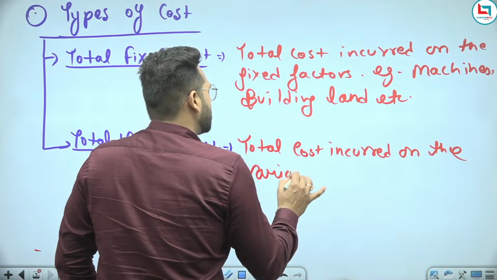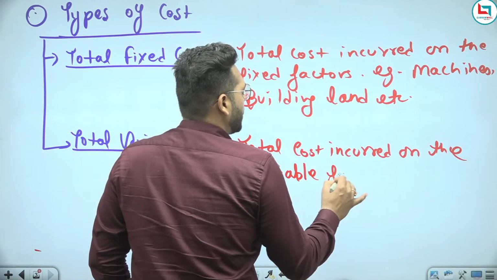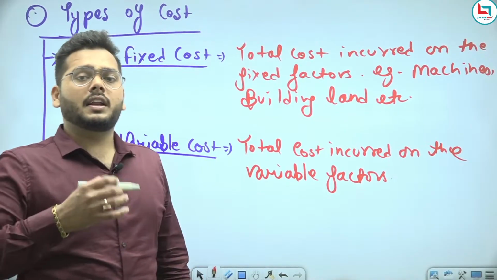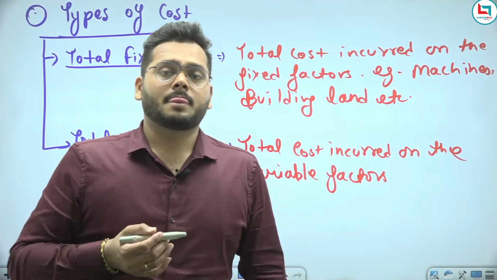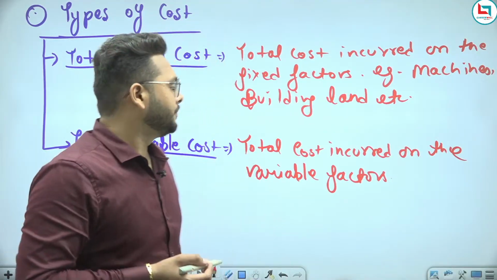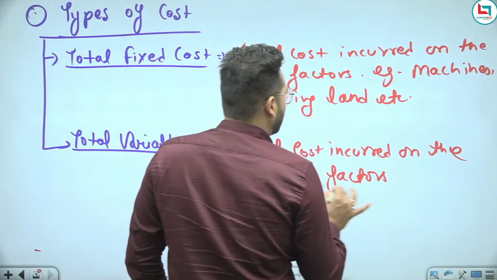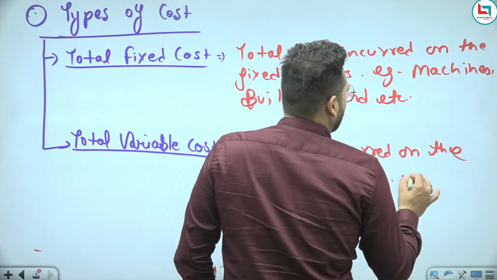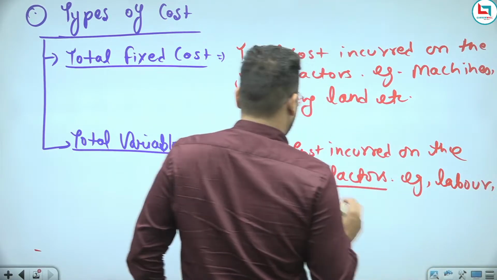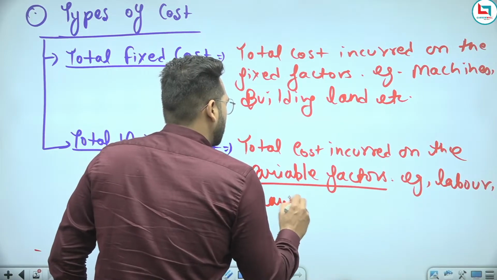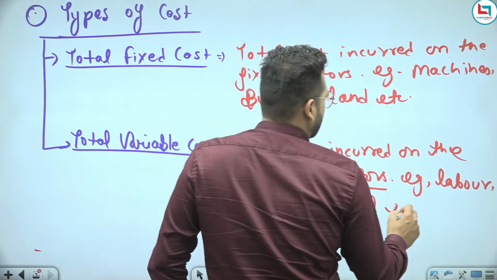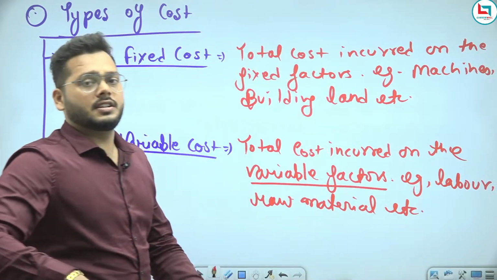Now you need to understand the meaning of variable factor. Variable factors vary at every level of output. As the level of output changes, they also change. Examples: labor, raw materials, etc.